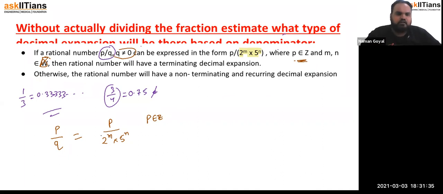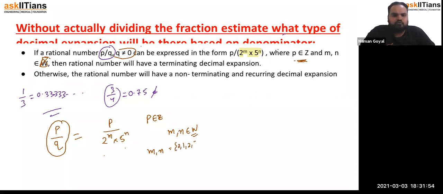देखो, simple as that. If we write the rational number in the form of p by q, and we can write it in the form of p upon 2 raised to power m and 5 raised to power n, where m, n belong to whole numbers, meaning m, n can be 0, 1, 2, 3, 4, 5 and so on, then the decimal expansion we get is terminating. ठीक है, अगर ऐसा नहीं लिख पा रहे then it is non-terminating.